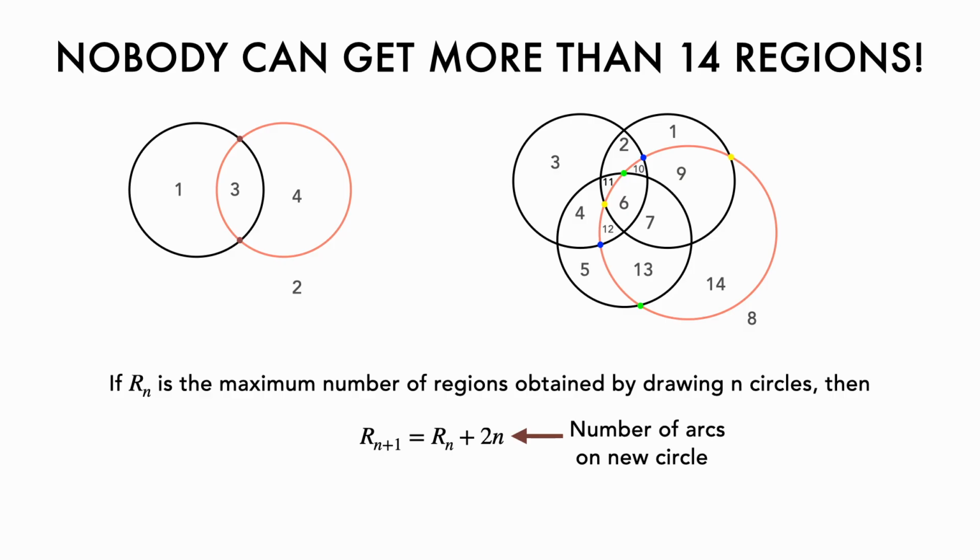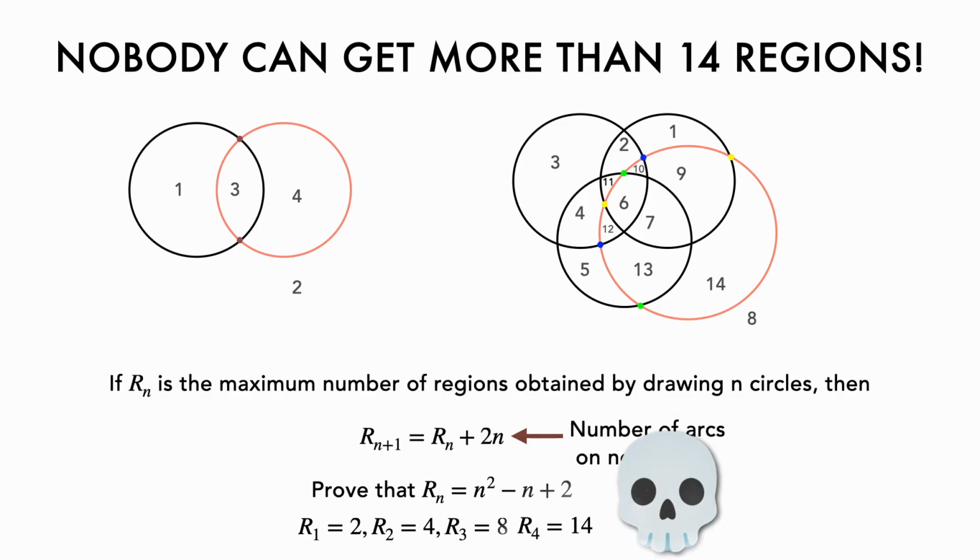Solving this recursion leads to the formula Rn = n squared minus n plus 2. Now, this formula is a bit tricky because for n equal to 1, 2, 3, you see a pattern of doubling numbers which seems to hold until n equal to 4.